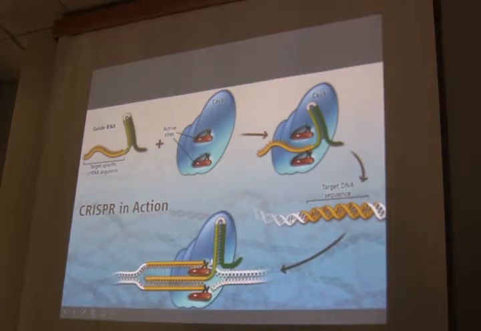And so this loop in your guide RNA interacts with your Cas9 protein, and then it finds your target sequence in the genome, and then makes a double-stranded cut right at the end of your targeting sequence. You know, right here, it makes a double-stranded cut.